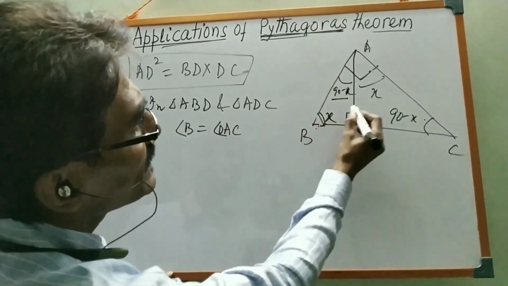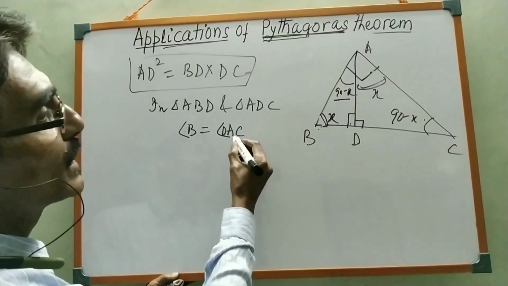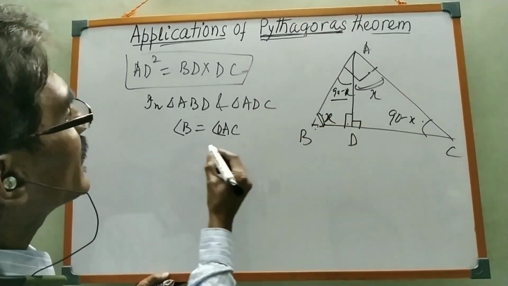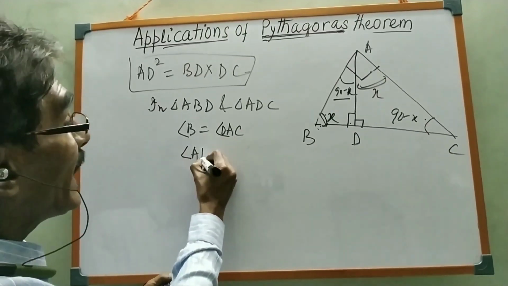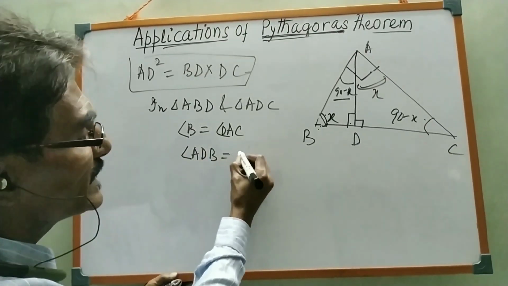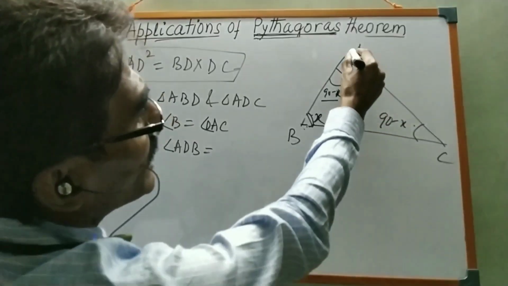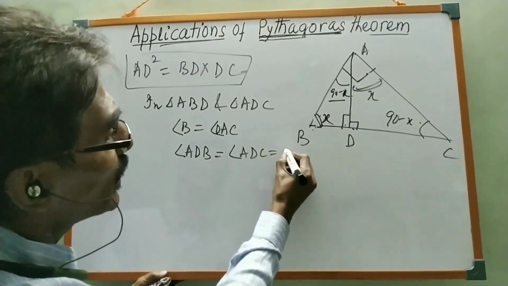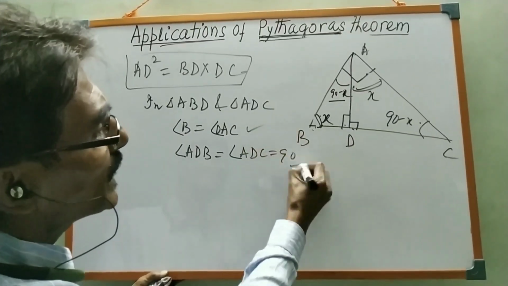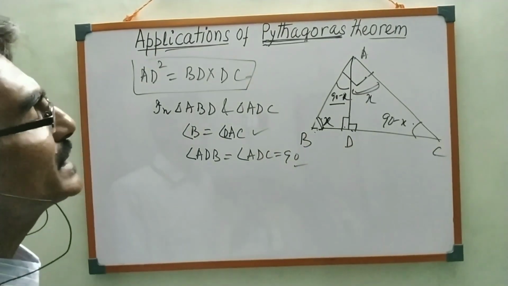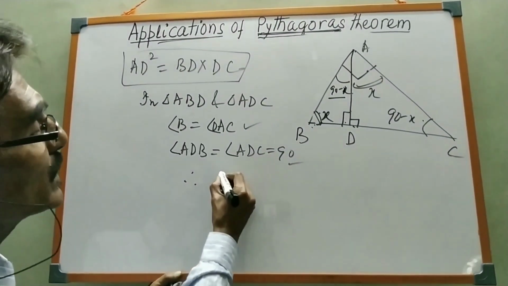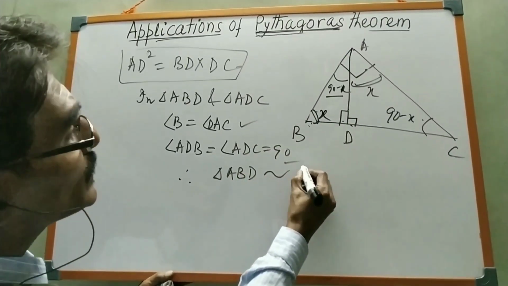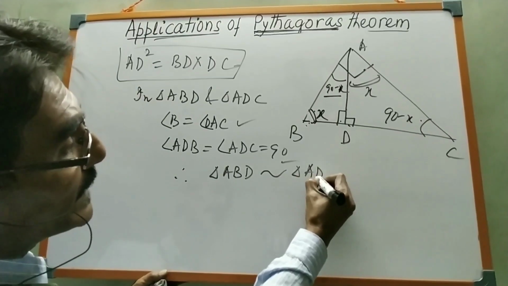You see, this is x, this angle is also x. Already by calculation. Not only that, in this triangle, angle ADB is 90 degrees. Again in this triangle, angle ADC is also equal to 90 degrees. So two angles are equal. Therefore, the conclusion is triangle ABD is similar to triangle ADC.